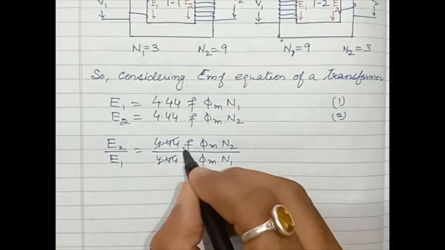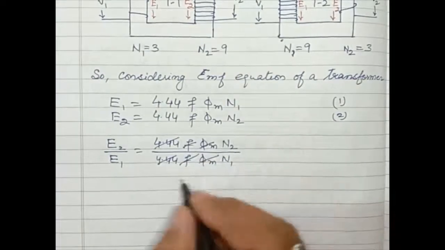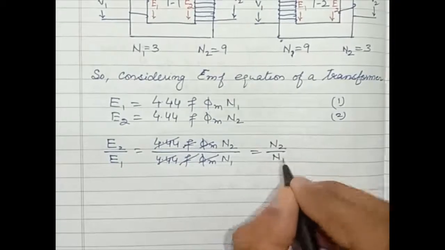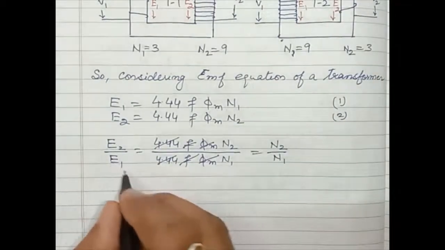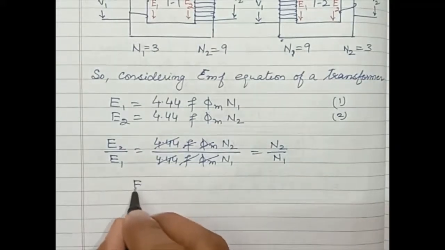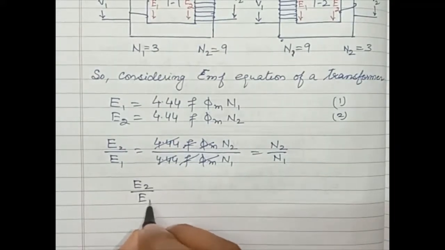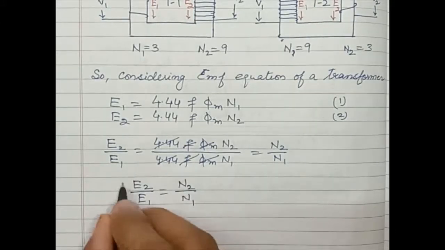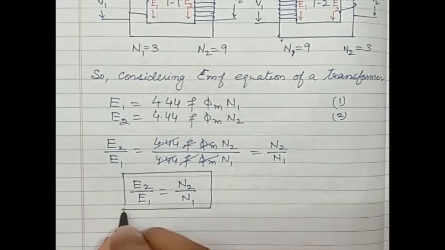This term cancels out, and we get only N2 divided by N1. If we take the ratio of these equations, we get E2 divided by E1 is equal to N2 divided by N1. This is the relation we are getting.